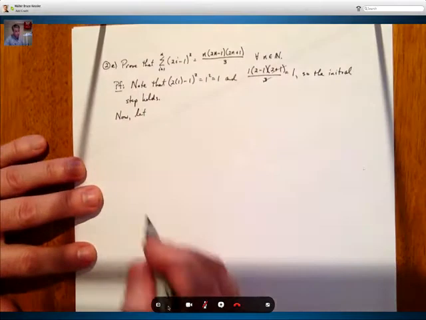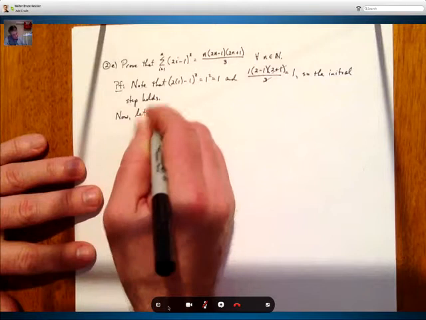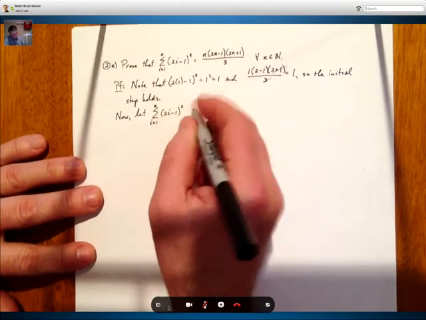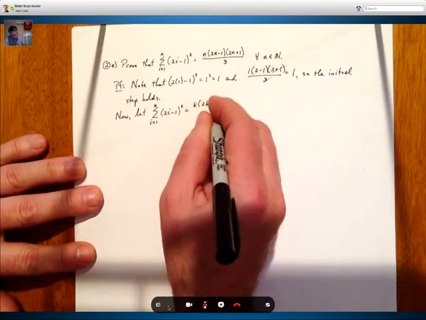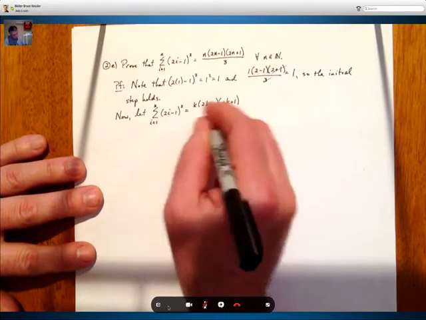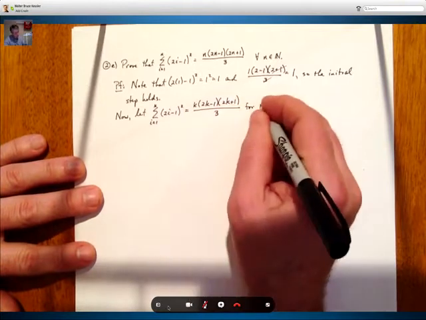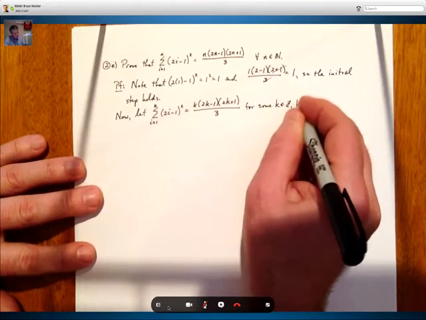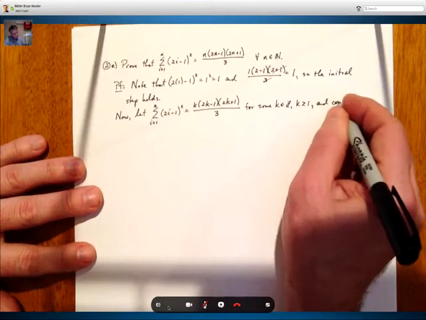Now, let's let this formula hold for some k greater than or equal to 1.